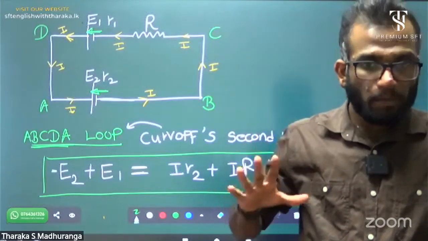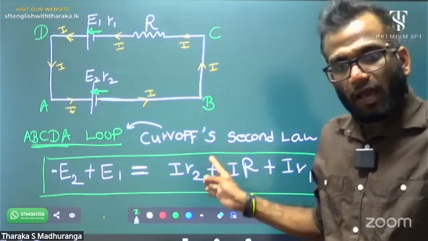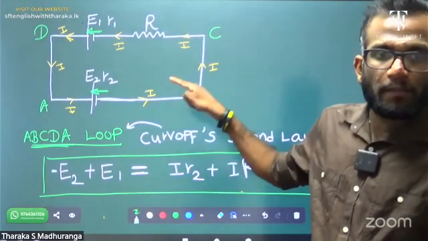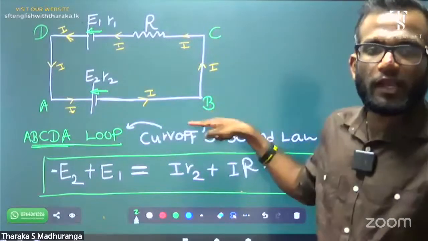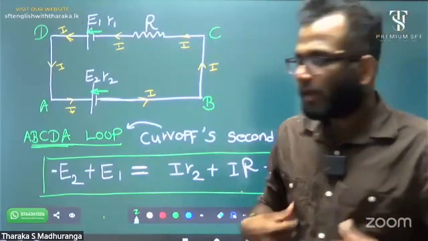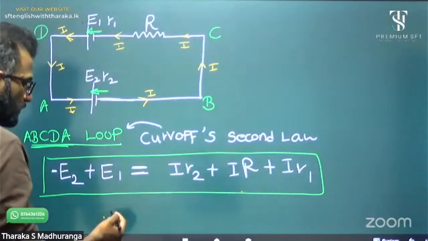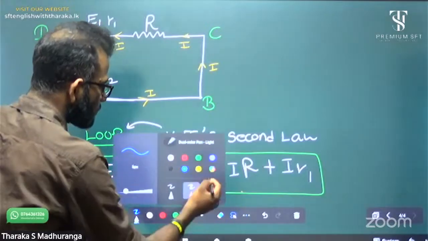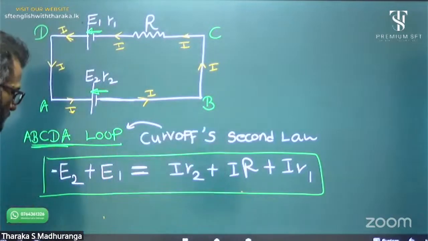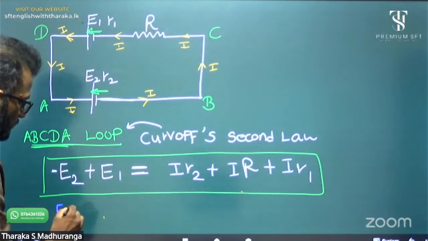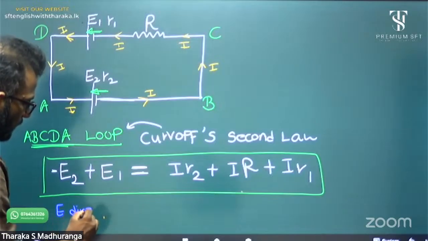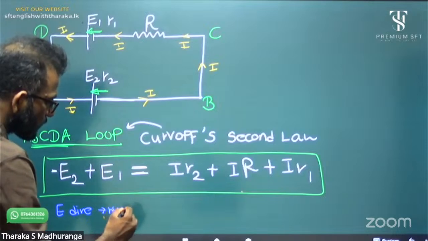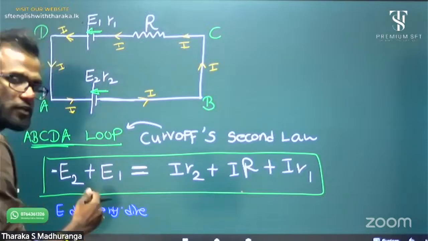For electromotive force, we always think of the electromotive force direction and my direction. When I get an IR product, we always consider the current direction and my direction. That is the point. For E, the E direction and my direction: if it is the same, it's positive.